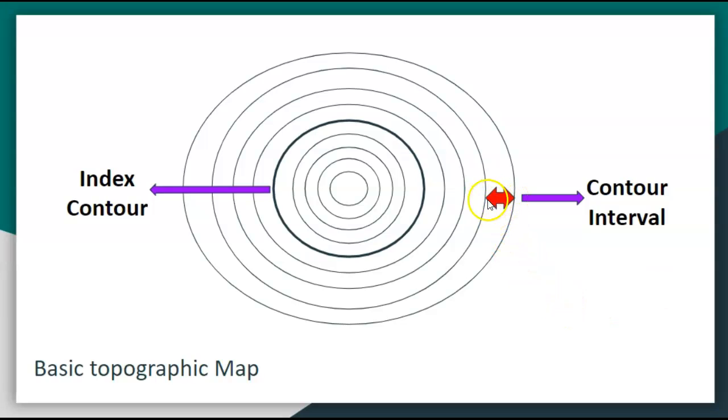This space right here represents contour interval. So that represents contour interval. This dark line right here, you see how it's darker, represents index contour. Okay?